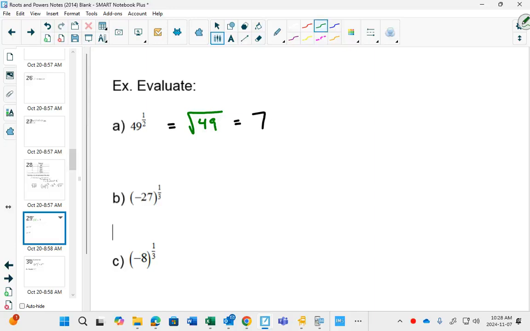Negative 27 to the 1/3. That's optional. And with a negative, can you see that negative 3 times negative 3 times negative 3 would be negative 27.